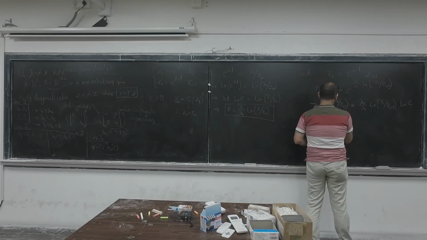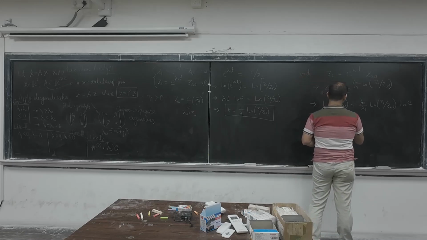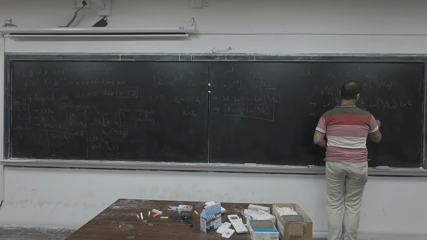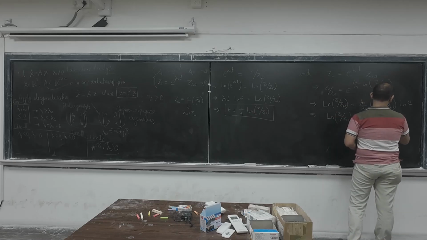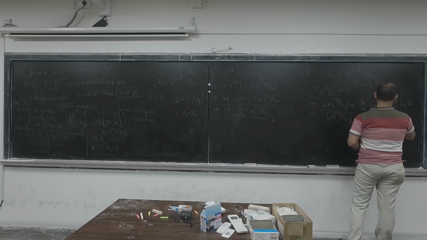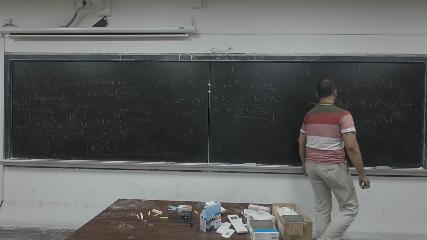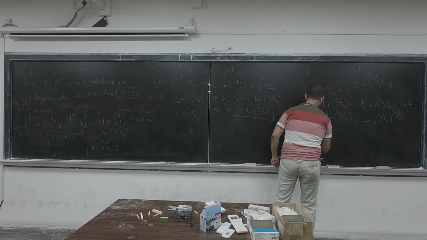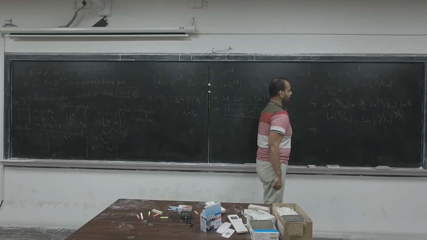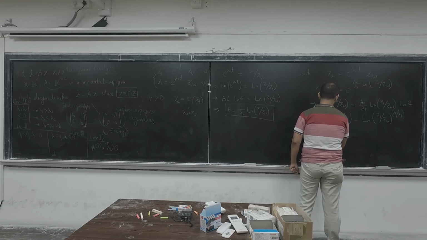You were saying that here it is ln z2 comma 0. After that, z2 equals z1 to the power lambda 2 by lambda 1.